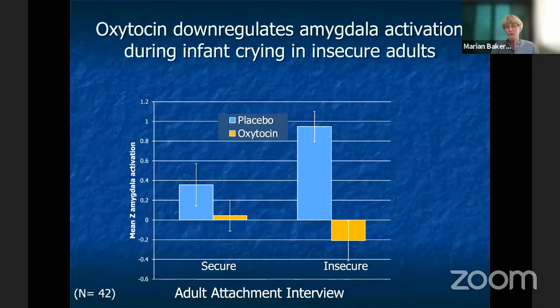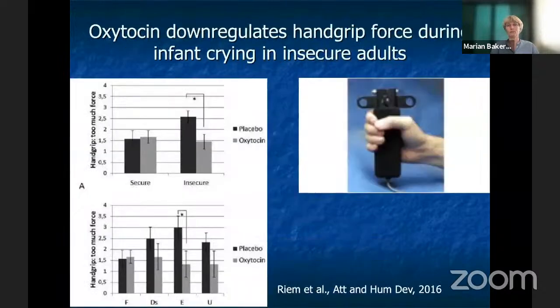What you see is that for secures, there was not such a big difference between the two conditions, but the insecures had increased amygdala reactivity to crying in the placebo condition, which was much lessened in the oxytocin condition.